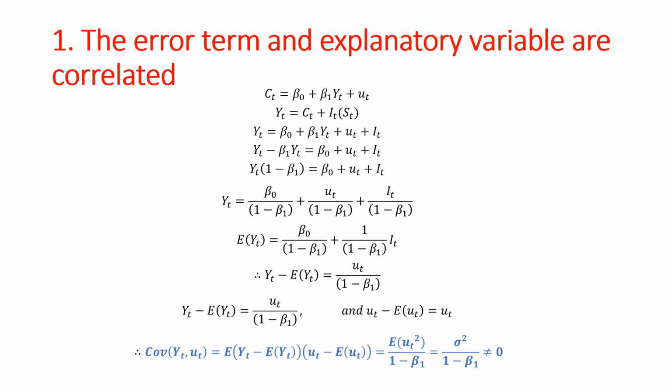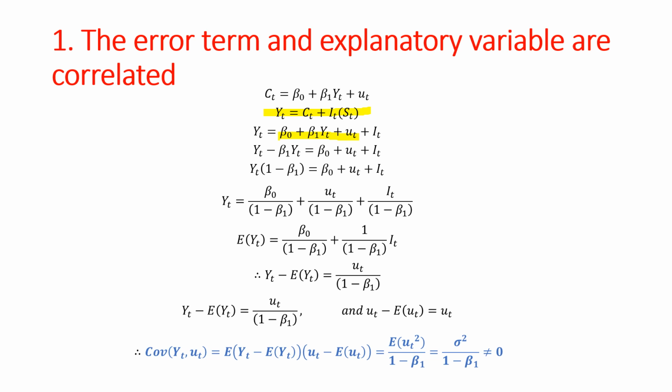Now, let us prove that the explanatory variable Y_t, the income, and the error term U_t are not independent. So from equation number 2, which is Y_t equals C_t plus I_t, we are going to replace C_t by beta naught plus beta 1 Y_t plus U_t. So we will have Y_t equals beta naught plus beta 1 Y_t plus U_t plus I_t.